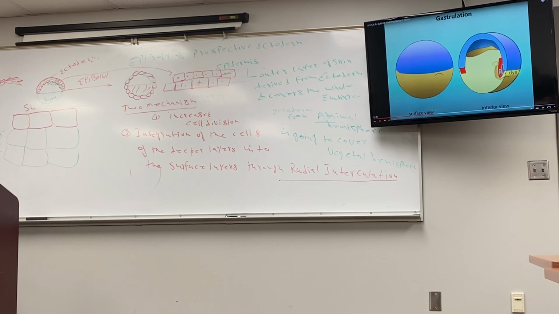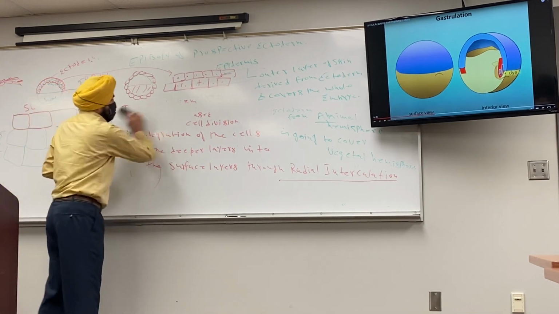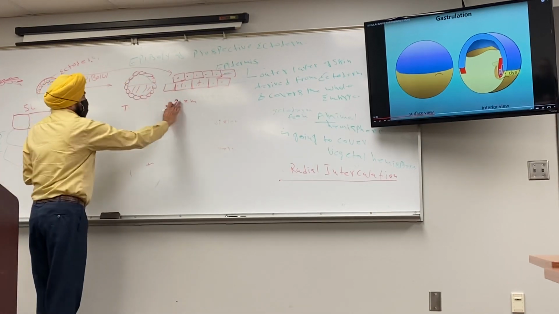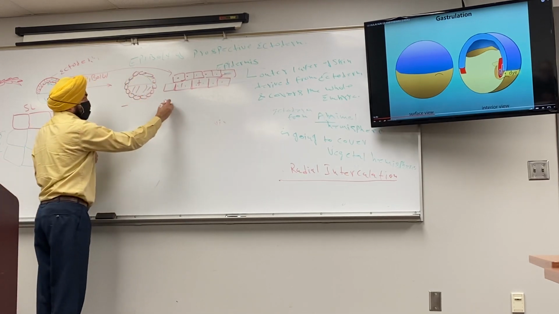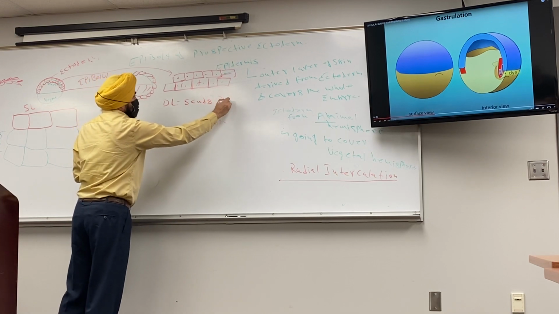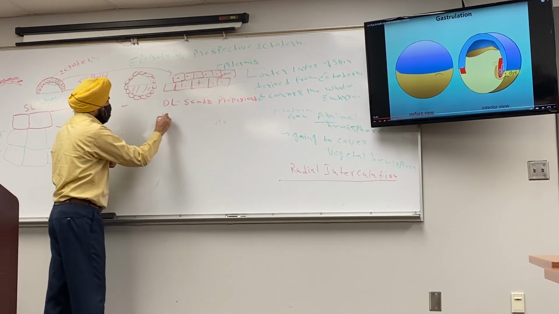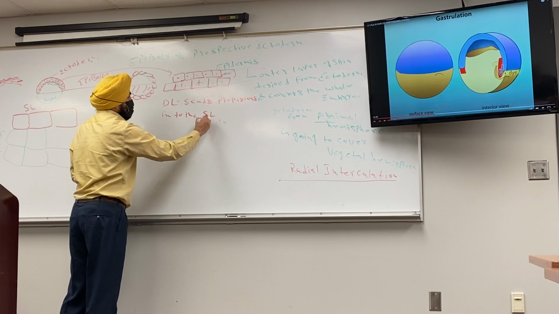So what happened is that the deep layer cell, DL, sends protrusions into the surface layers.